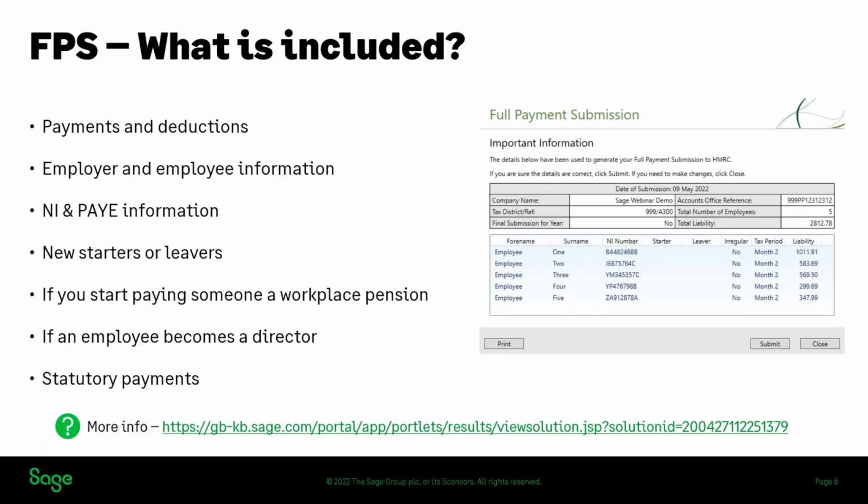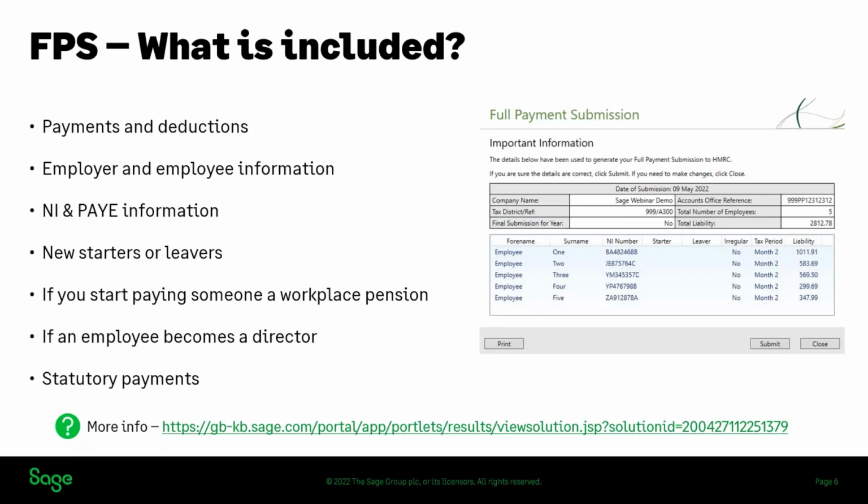What's included in an FPS? So first and foremost, you've got your payments and deductions. So a fairly obvious one there. Followed on by employer and employee information, so national insurance numbers, which you can see on the screenshot there. National insurance and PAYE information. You have new starters or leavers, so any information relating to new starters or leavers are sent across.